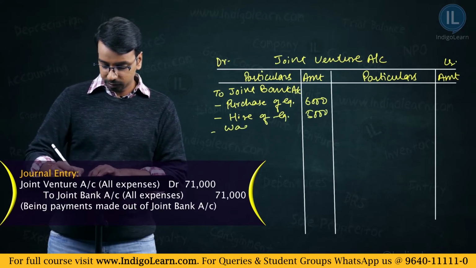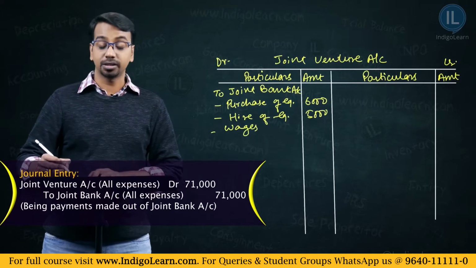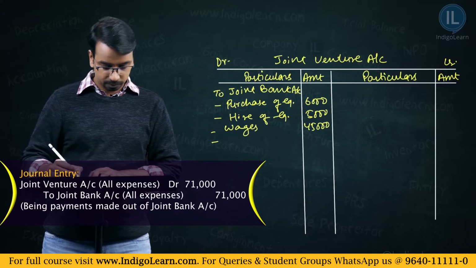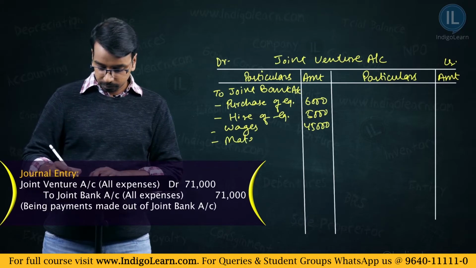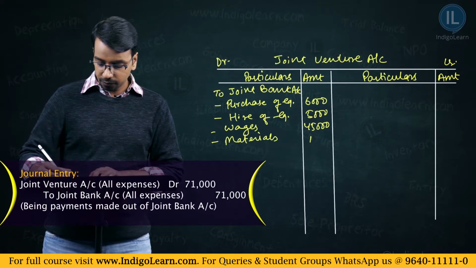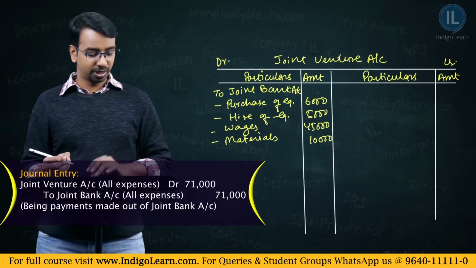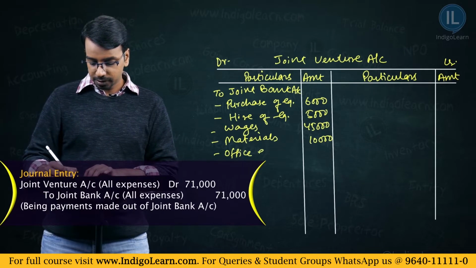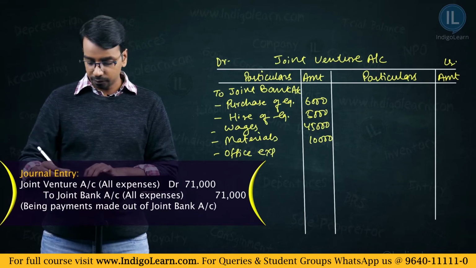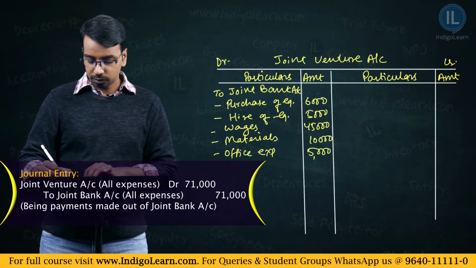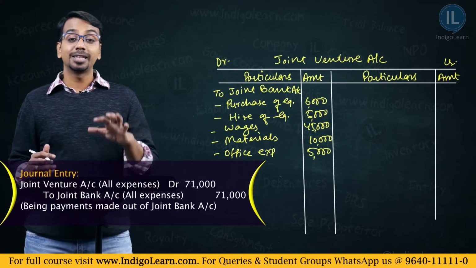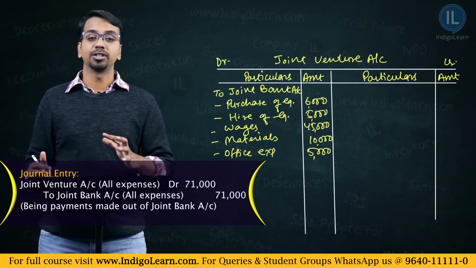Then we have wages. How much is the wages? 45,000. Then materials of 10,000, and lastly we have office expenses of 5,000. So these are the expenses to be debited to joint venture account.